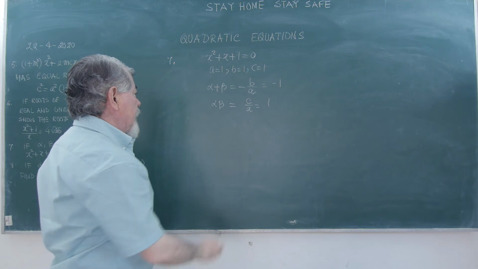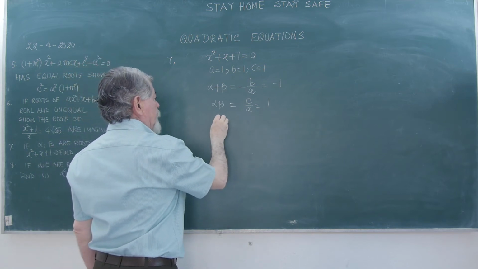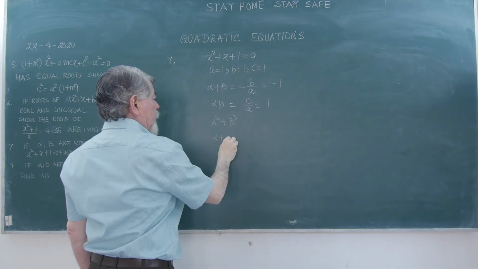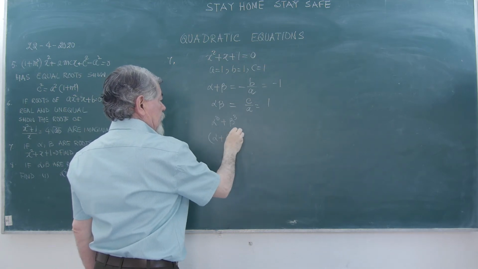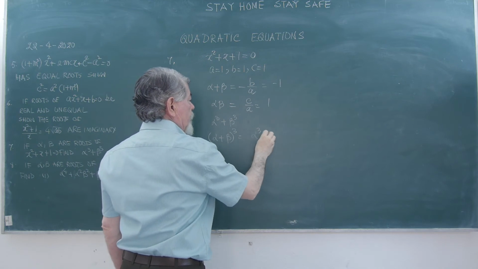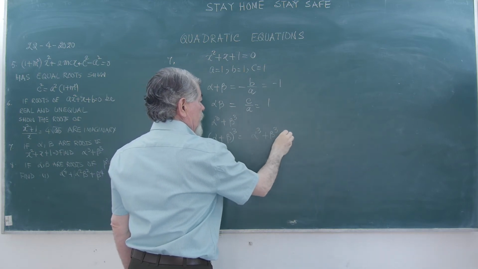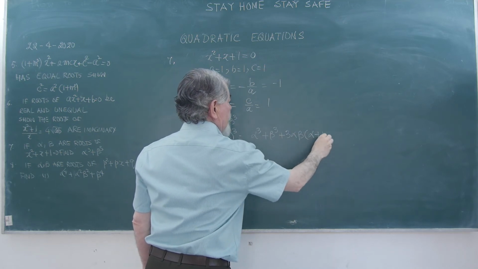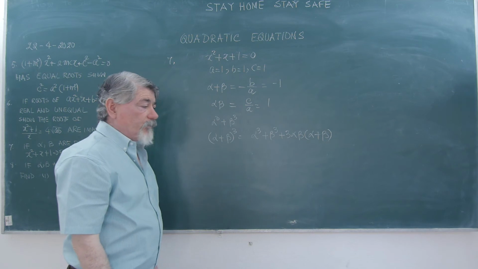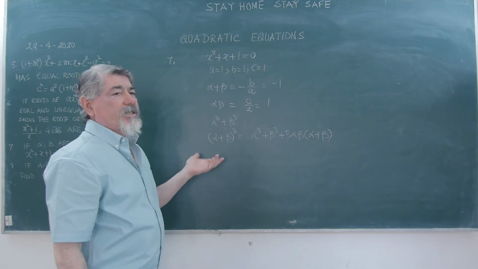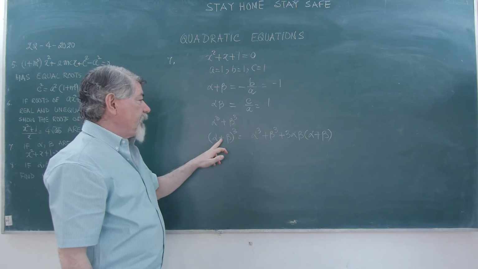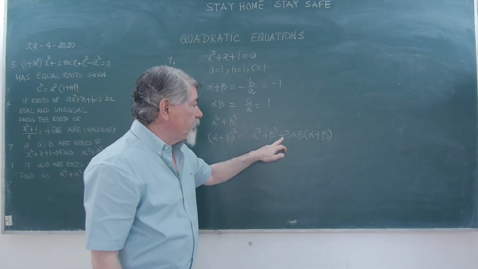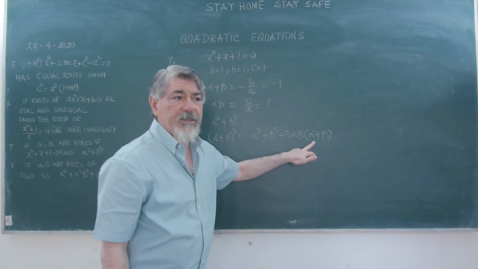Now he wants you to calculate alpha cube plus beta cube. You know that alpha plus beta whole cube is alpha cube plus beta cube plus 3 alpha beta into alpha plus beta. This is the expansion actually. If you expand a plus b whole cube, it is a cube plus b cube plus 3ab into a plus b.